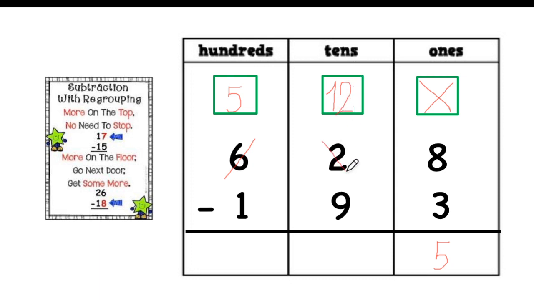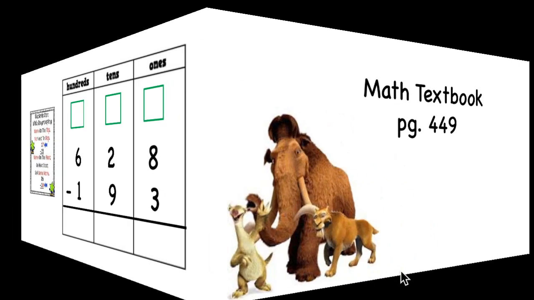That will not be 2 anymore. Let's count on from 9 to 12. 9, 10, 11, 12. It will be 3. Let's move on to hundreds. Because I gave 100 away, I have only 5 left. So 5 take away 1 will be 4. The answer will be 435.